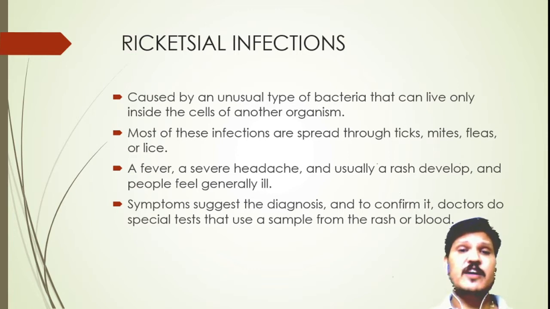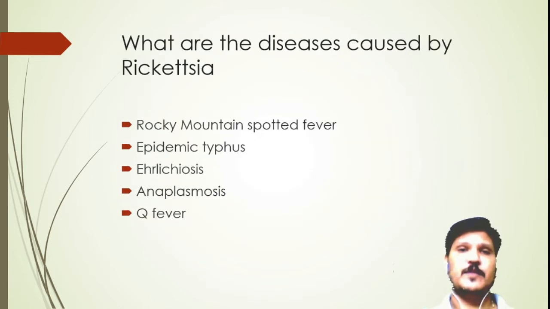Generally, a fever or a headache, and most probably a rash, develops and people feel generally ill. The symptoms suggest the diagnosis, and to confirm it, doctors do special tests that use a sample from blood or a sample from the rashes.